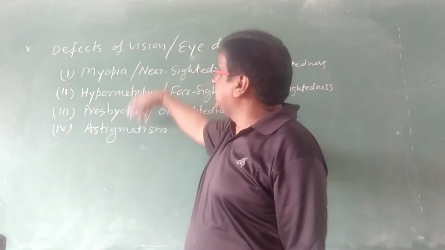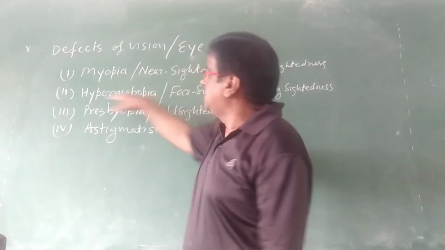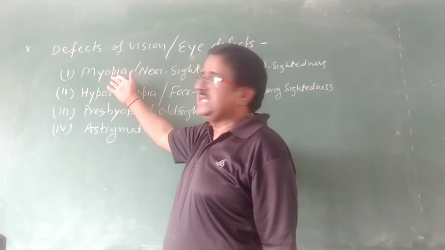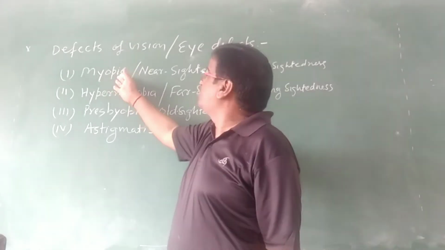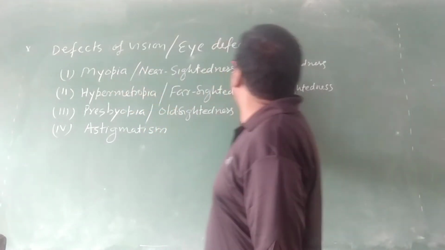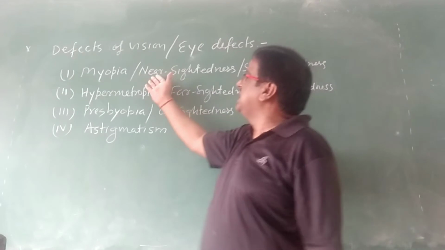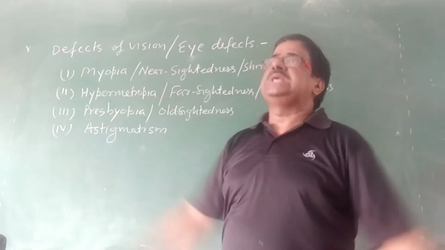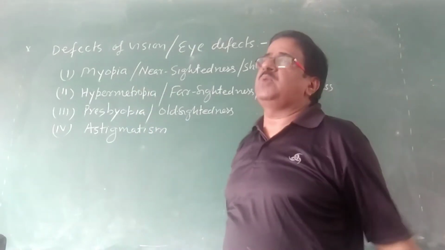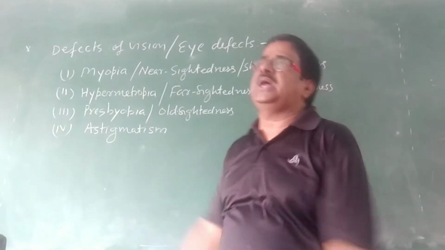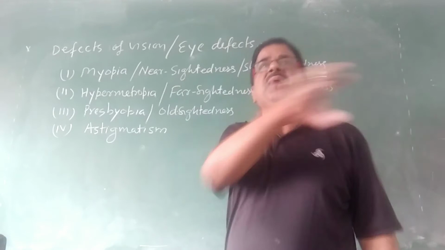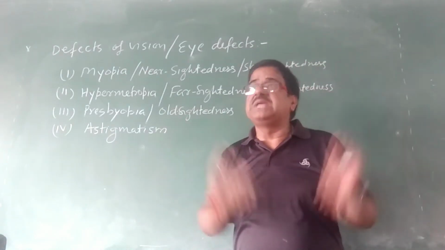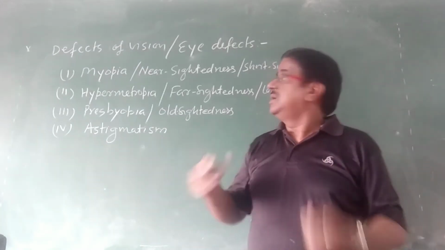Among these, if you compare the length of the alphabets, the lowest is in myopia, and that is why it is also called near-sightedness or short-sightedness.